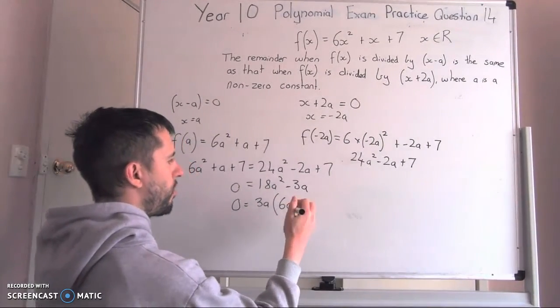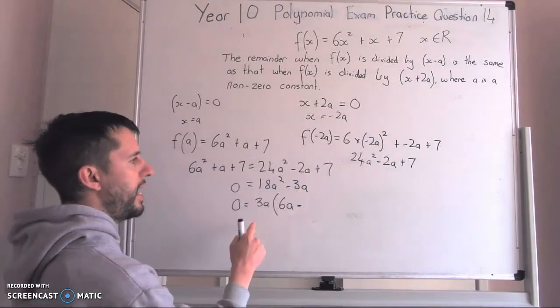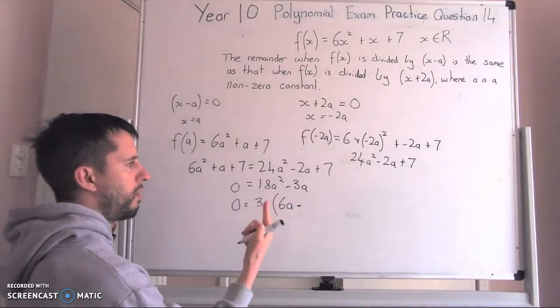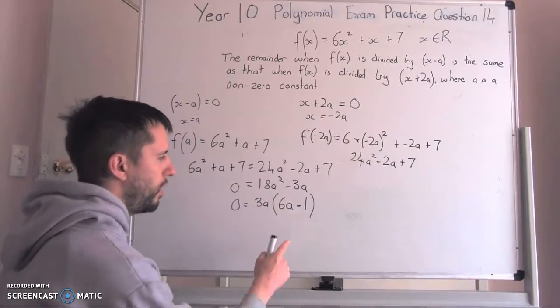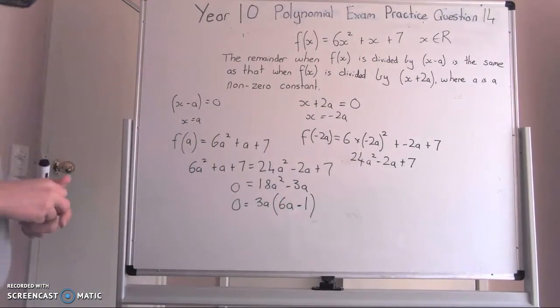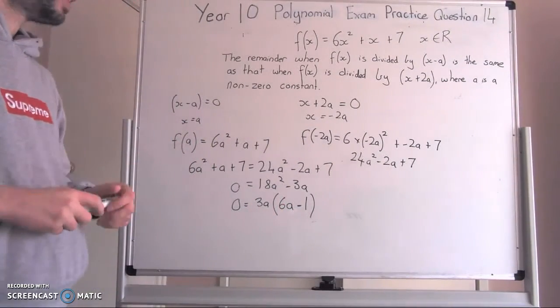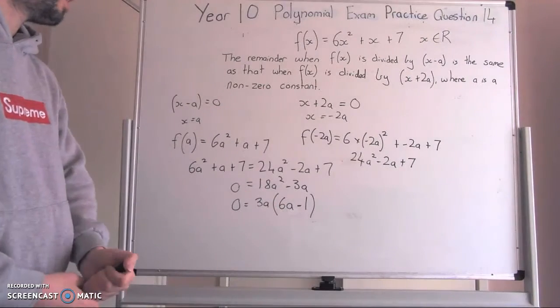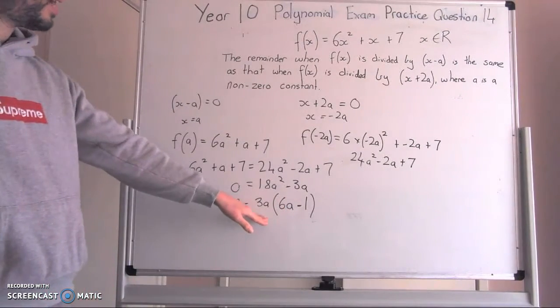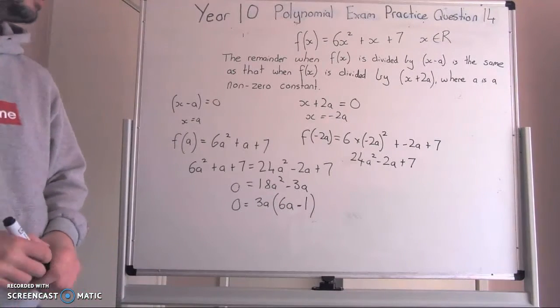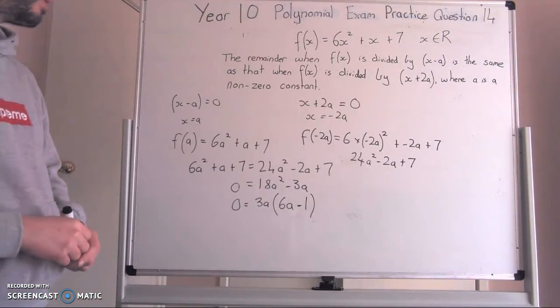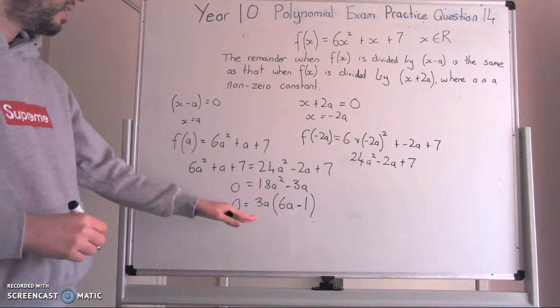And 3a divided by 3a is 1, and it's negative there, so I've got negative 1. Now we are left with 3a outside, and on the inside of the bracket we've got 6a minus 1.